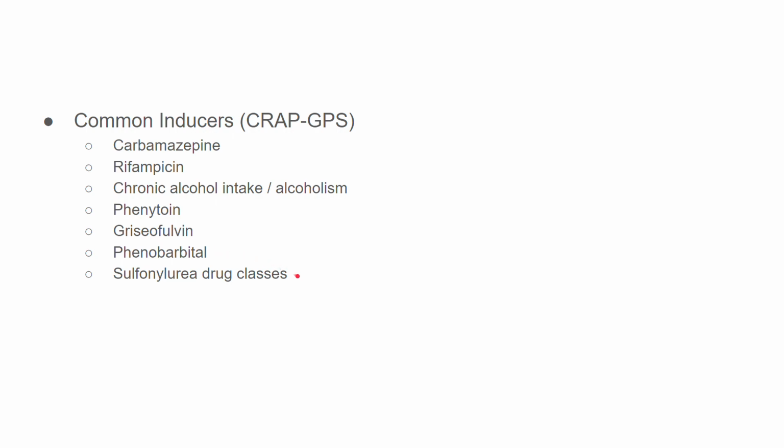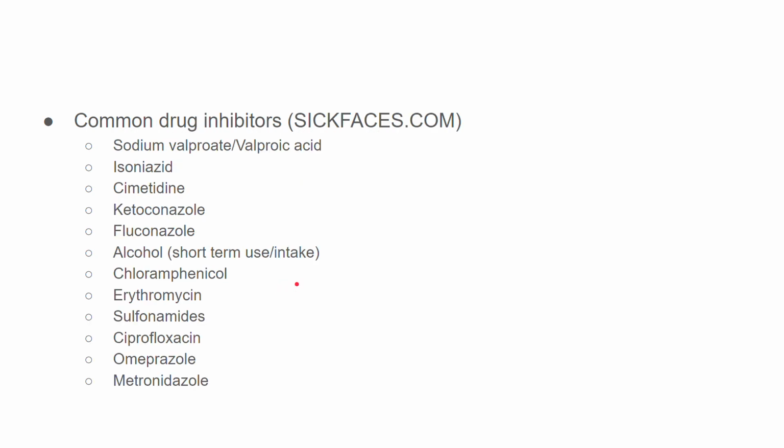And the sulfonylurea drug classes, including the sulfonylureas as antidiabetics and the sulfonylureas in the form of sulfonamide antibiotics. You will notice here that sulfonamides are also drug inhibitors. So, we tend to steer away from using sulfonamide antibiotics because they will have erratic responses. We do not know if they will function as an inhibitor or an inducer.